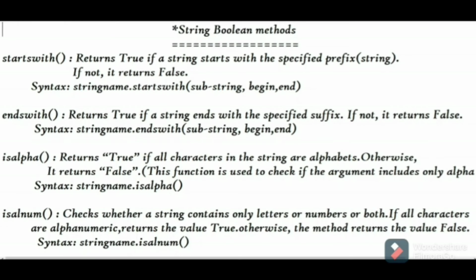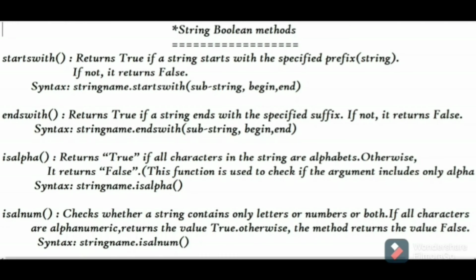If the given string must contain only letters, then the isalpha method helps you do that. It returns true if all the characters in the string are alphabetic, otherwise it returns false. Even spaces are not allowed in the isalpha method.